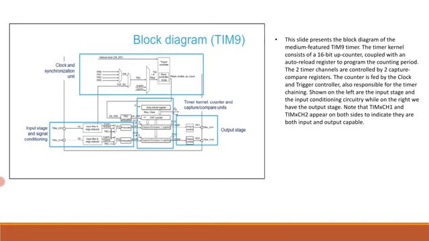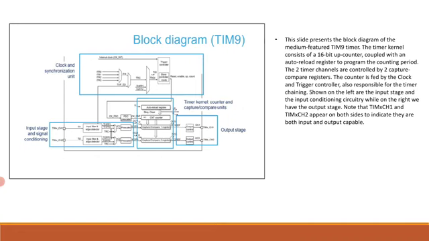Shown on the left are the input stage and the input conditioning circuitry, while on the right we have the output stage. We have to note that TIMx channel 1 CH1 and TIMx CH2 appear on both sides to indicate they are both input and output capable. They are both IO capable.